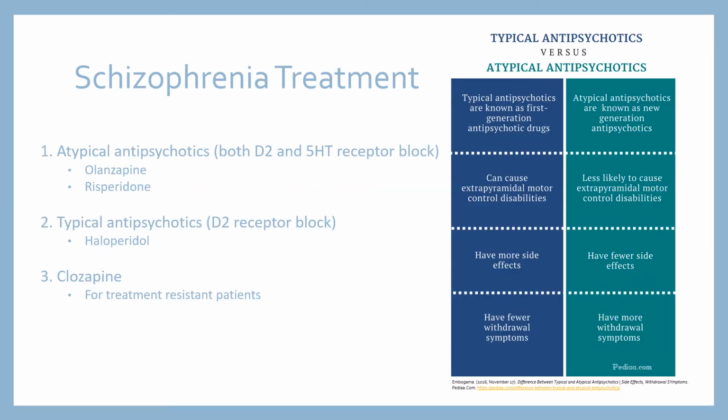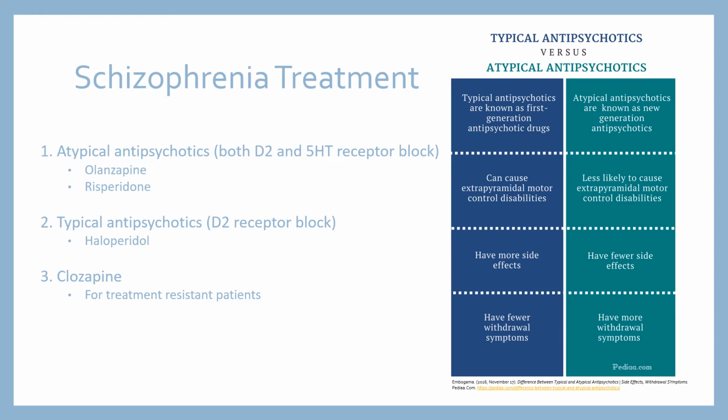So the pharmacological treatment for schizophrenia is antipsychotics. There are 2 types of antipsychotics, typical and atypical. Atypical antipsychotics like olanzapine and risperidone block dopamine D2 receptors as well as 5-HT or serotonin receptors.